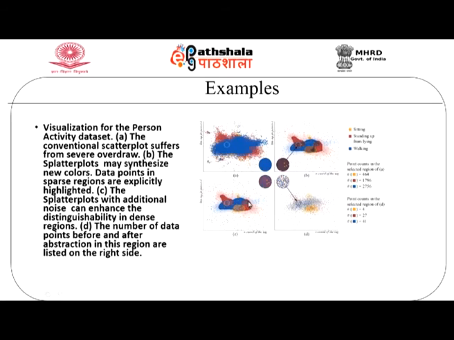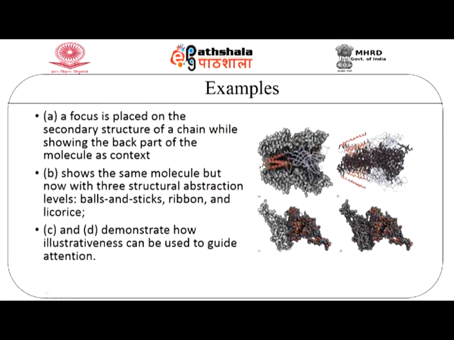Then in figure C, we can see the splatter plots with additional noise that can enhance the distinguishability in the dense regions. And in figure D, we can see the number of data points before and after abstraction in this region, which are listed on the right hand side of it. So this gives a clear example of abstraction in visualization.